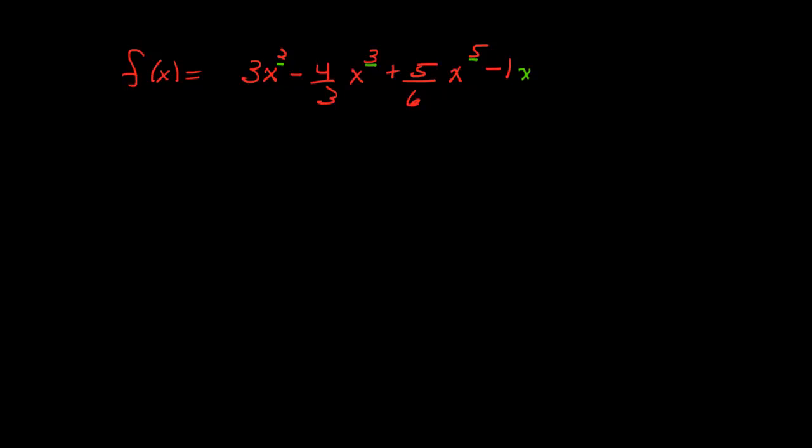Remember, this is x to the 0. All exponents are positive integers. We have the 2, the 3, the 5, and then the 0. But the 0, I know that's not really a positive integer. It's an integer that includes 0. However, we'll just say that's a constant value because we know x to the 0 is always equal to 1.